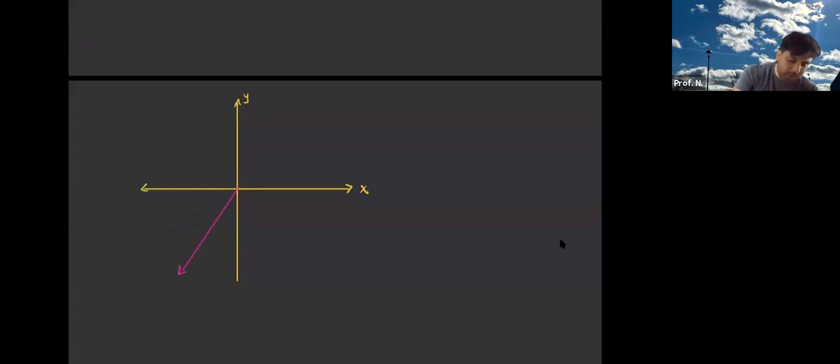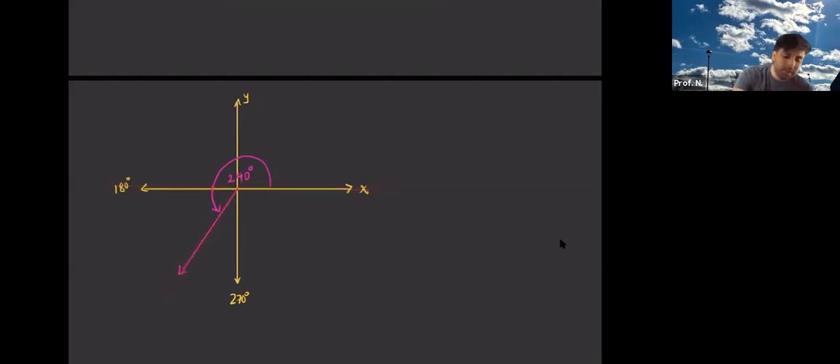So I'm in the third quadrant now. What is this angle here? Well, let's say this angle is 240 degrees. What would be the reference angle? Remember, I want the angle that is between the terminal side and the x-axis, and that it's acute.